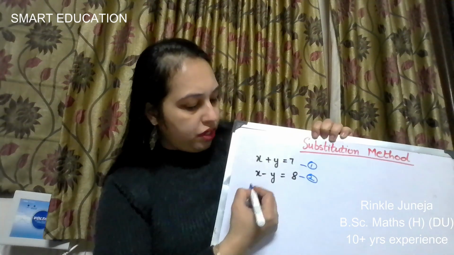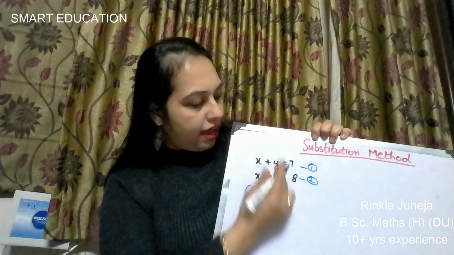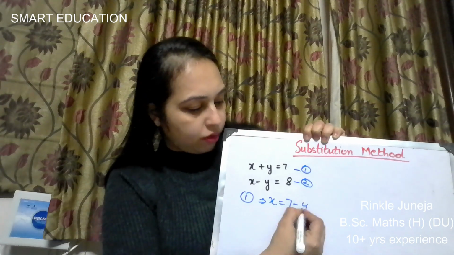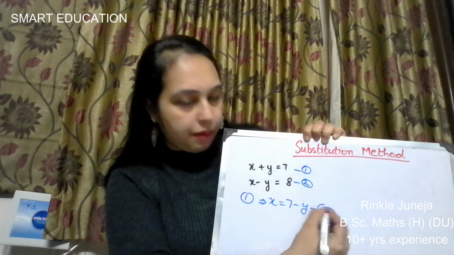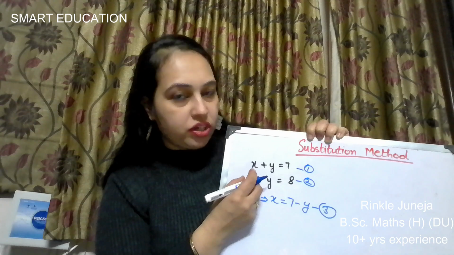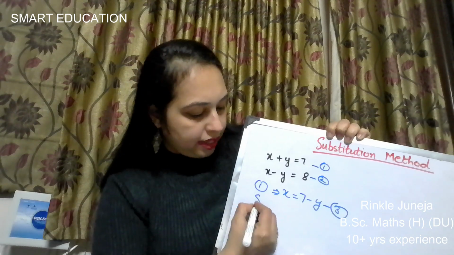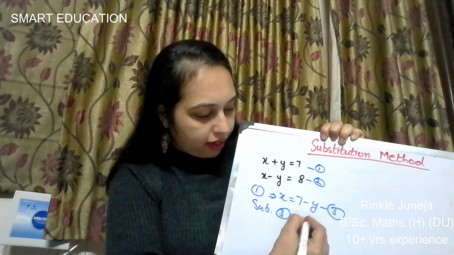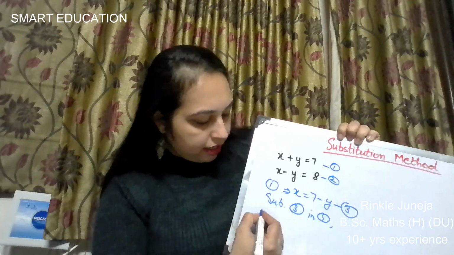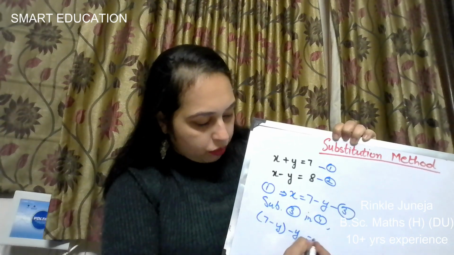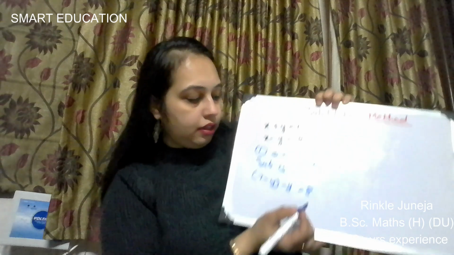Now from equation 1, if we take y on the other side, we'll get x equals 7 minus y. This becomes number 3. Now we substitute this value of x in equation number 2. So substituting 3 in 2, we get 7 minus y minus y equals 8.